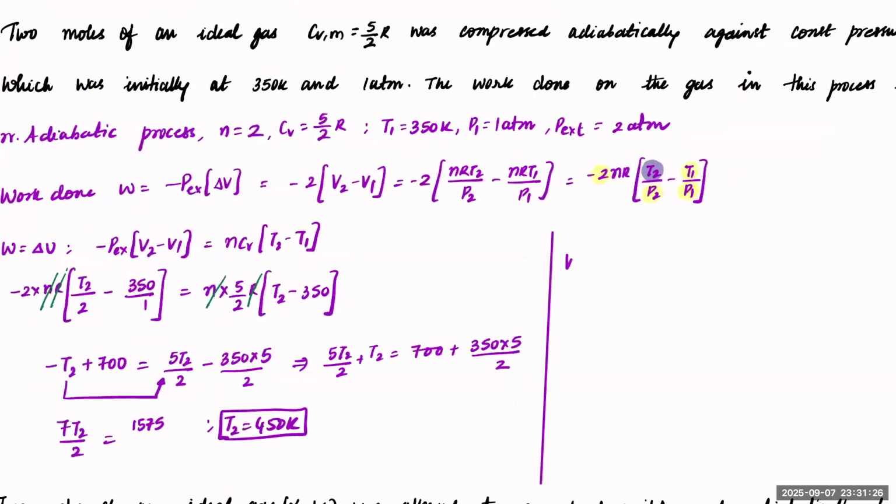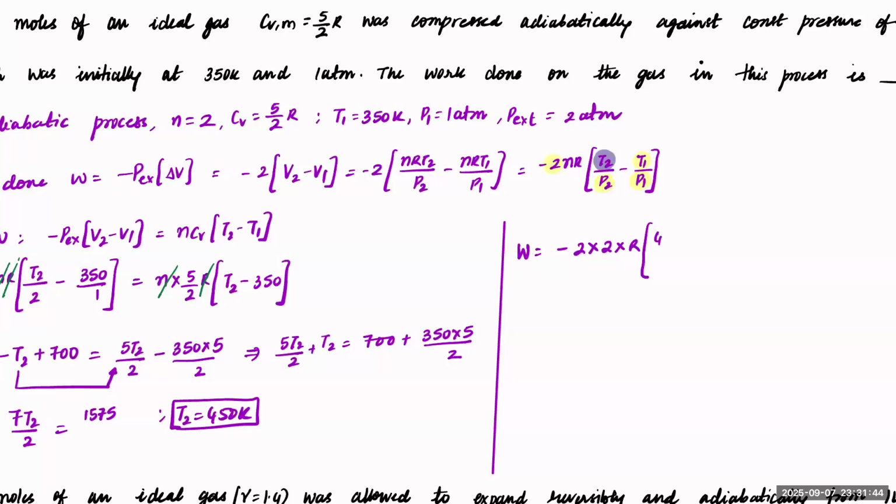So work is equal to minus 2, since we took 2 moles, into R. R you always write at the end, based on whether the question's options are in joules or calories. So T2 now is 450 divided by 2 minus 350 divided by 1. Clearly that is 700 minus 450, which is 250 by 2.